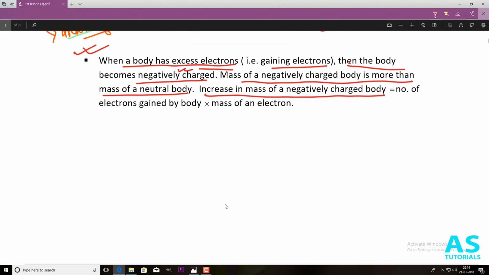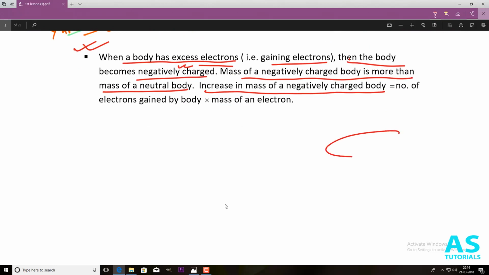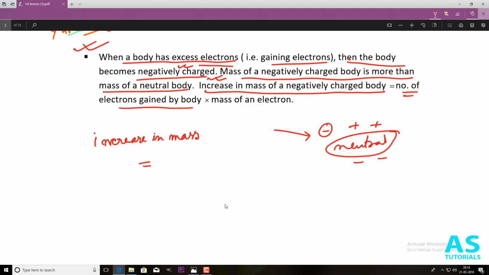This is also the same here. In case this is the neutral body and it is gaining electrons, how to find the increase in mass? Increase in mass must be equal to the number of electrons gained by the body. In our case, we have one electron gained. This is multiplied with the mass of an electron.